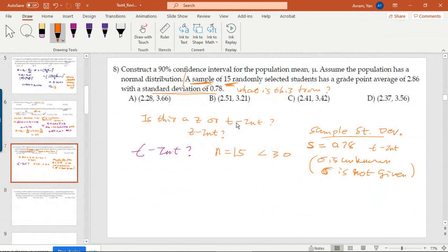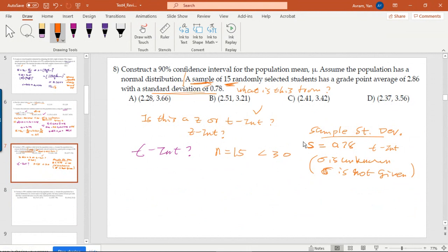For this kind of question, it doesn't give you s or sigma directly, so we have to read between the lines. Then we understand this standard deviation actually is from the sample, not from the population. Therefore, it's a T interval.